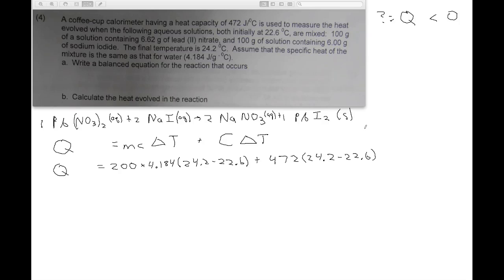So 200 times 4.184 times 1.6 change in temperature is 1338.88, plus 472 times 1.6, and that is equal to 755.2.